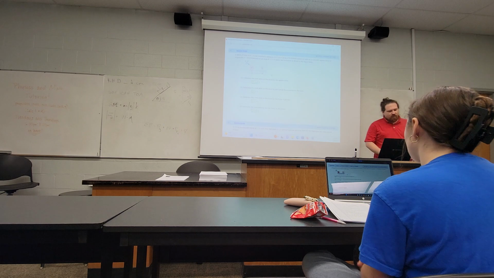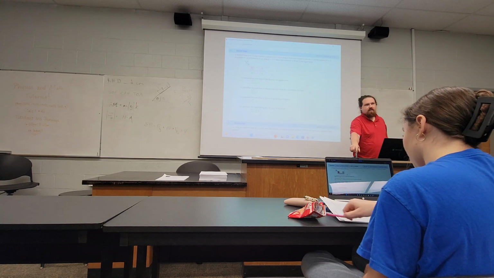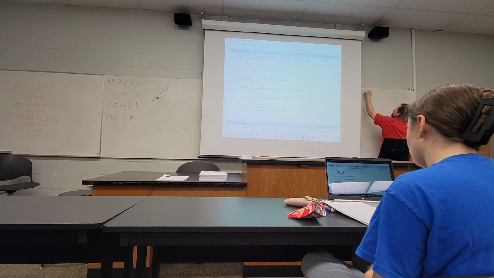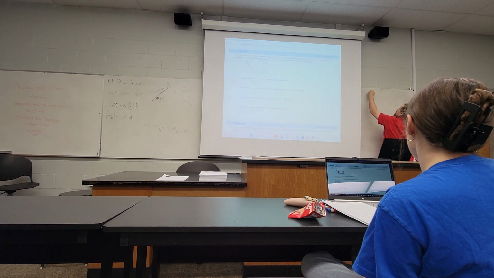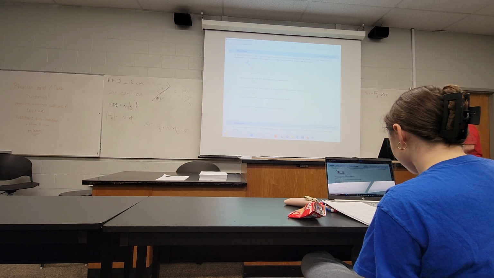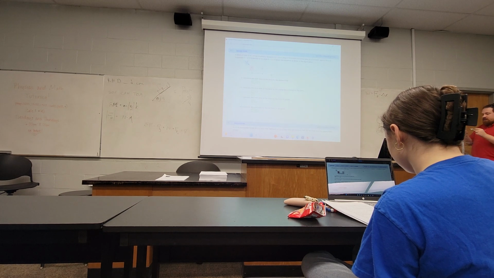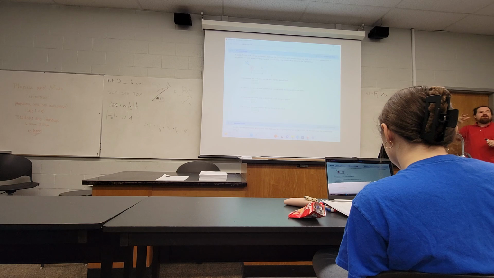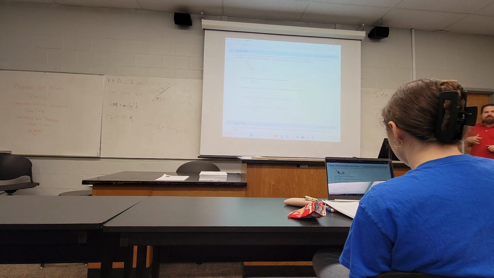Remind me, what is the formula for work? Work equals force parallel times delta x. Very good. The two lines mean parallel. So in order to do work, according to this formula, the force must be parallel to the displacement.